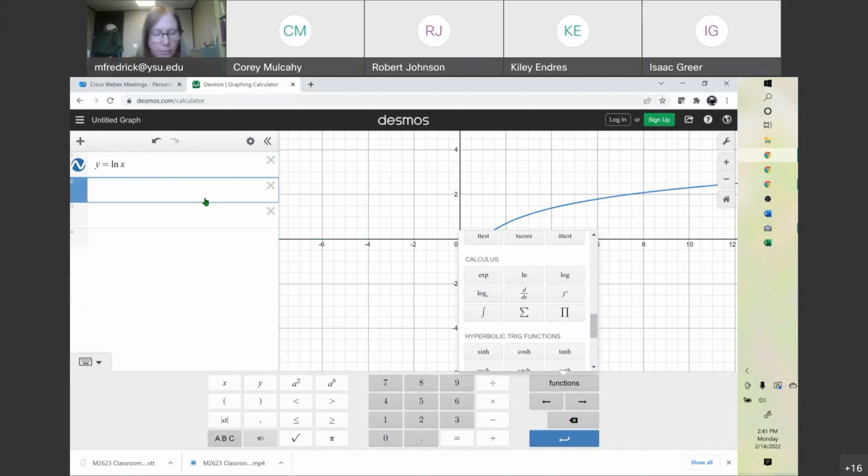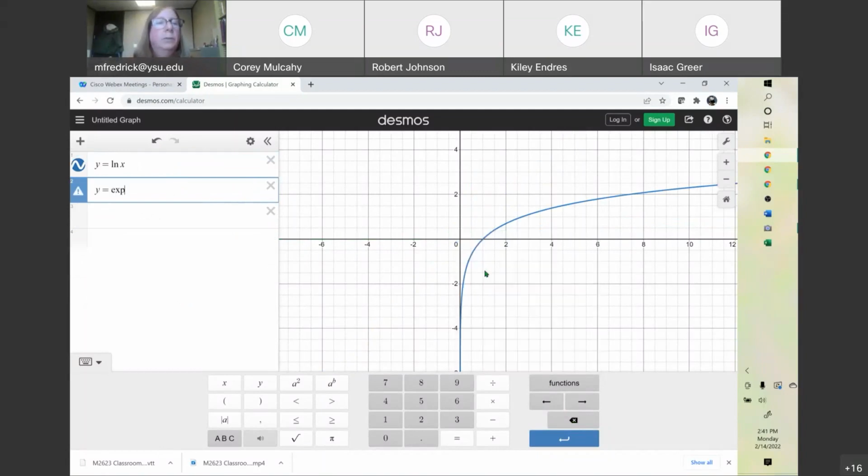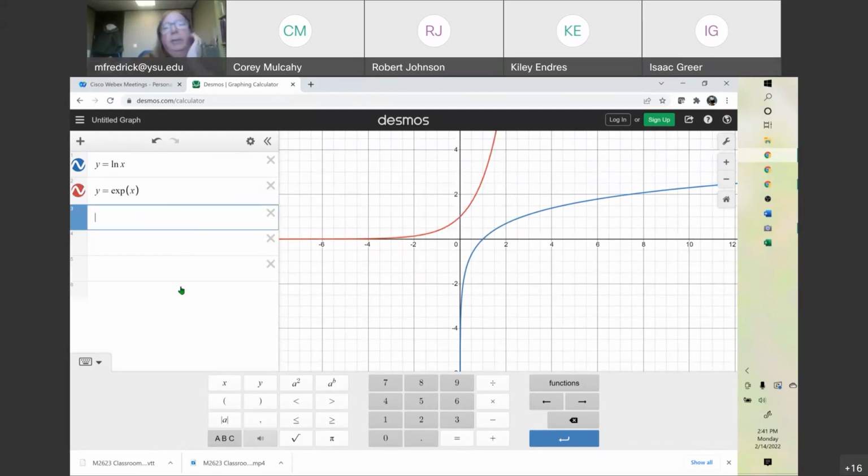Do y equals the exponential, there we go. Notice they also flip on the axis because they're inverse functions of each other. Any questions so far?